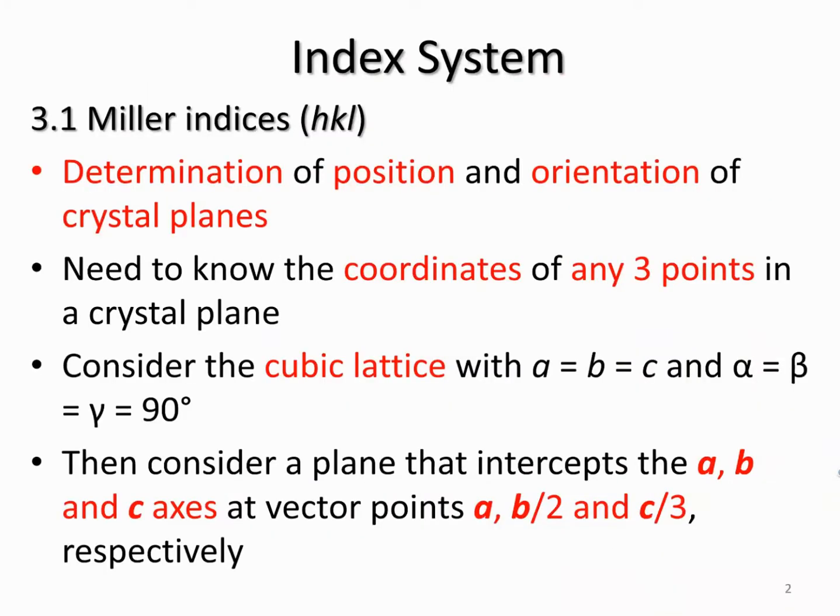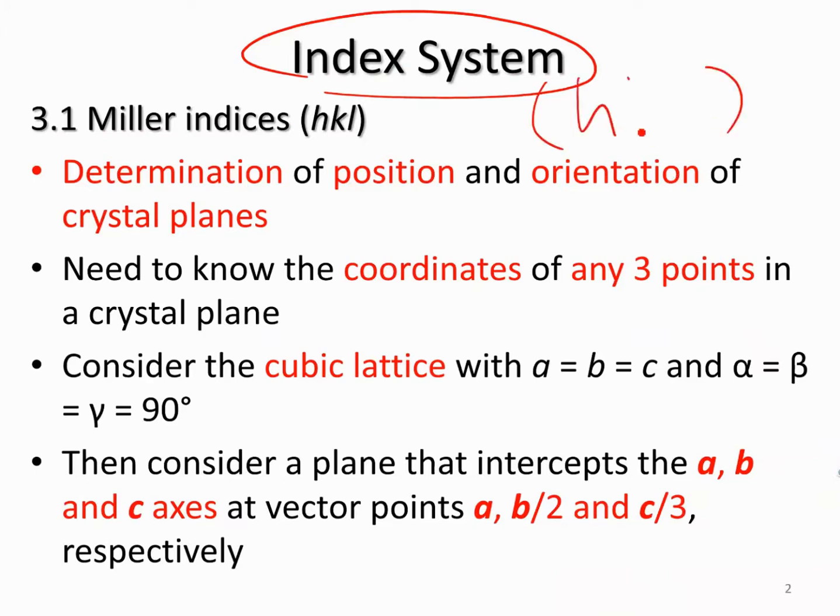So the Miller indices HKL are an index system to specify a plane. We normally write Miller indices not in square brackets, but in round brackets, HKL. These Miller indices can be used for the determination of the position and orientation of a crystal plane.